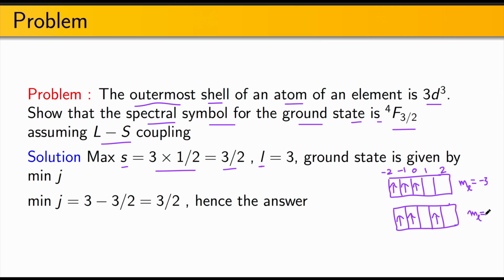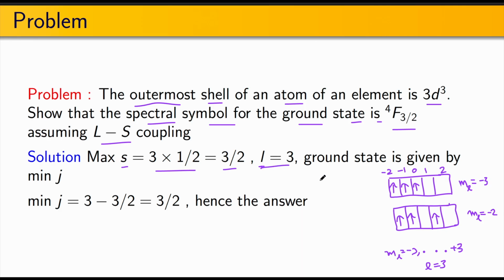So like this we can show that the possible values of ml range from -3 through plus 3. So that means L is equal to 3. There is only one option.